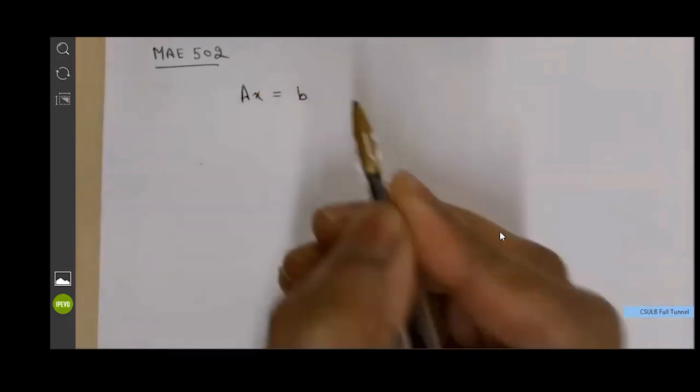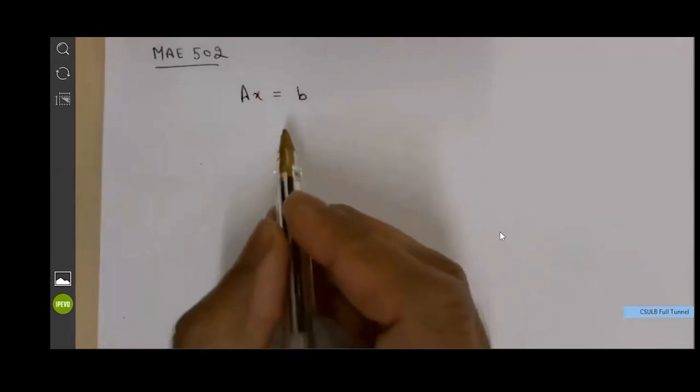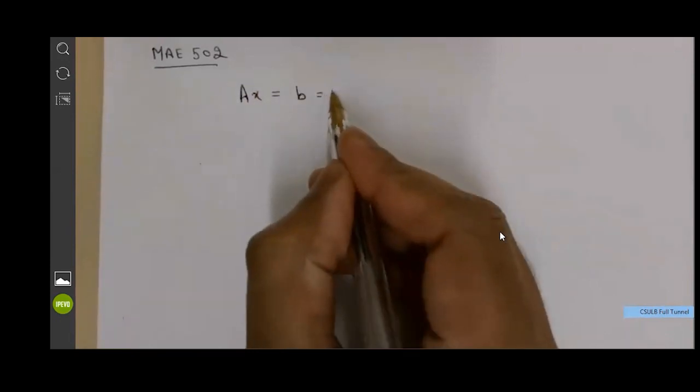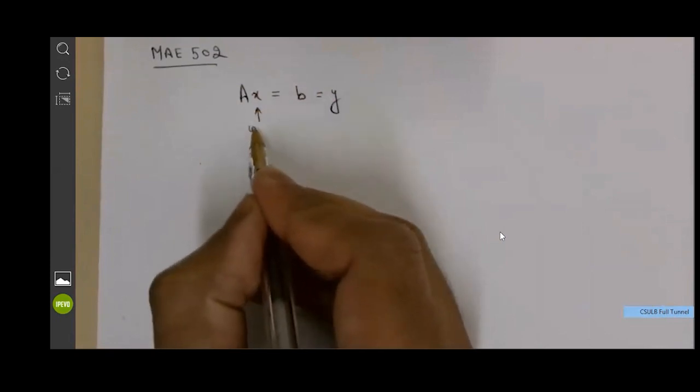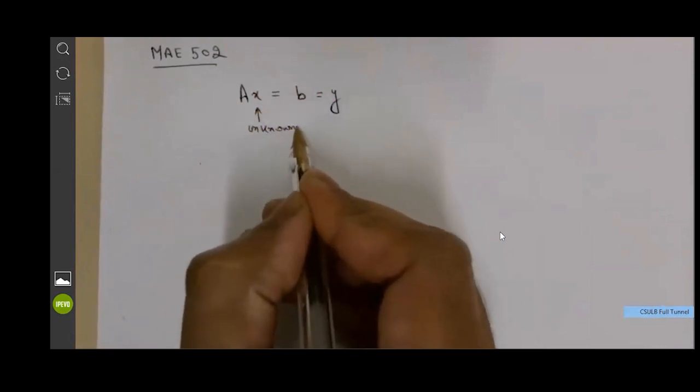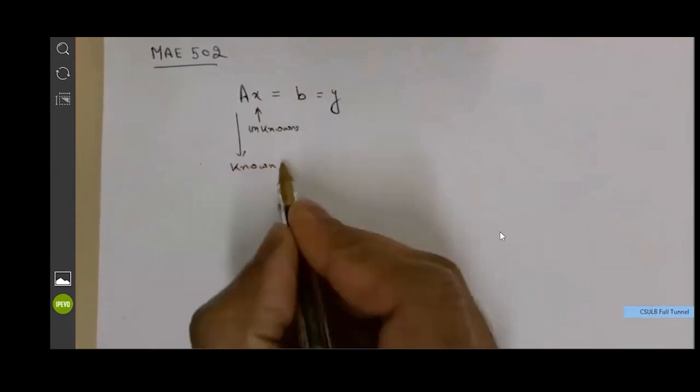Equations Ax equals b, or Ax equals y, however you actually try to frame it. And this is basically your unknowns. This is a known matrix of coefficients.